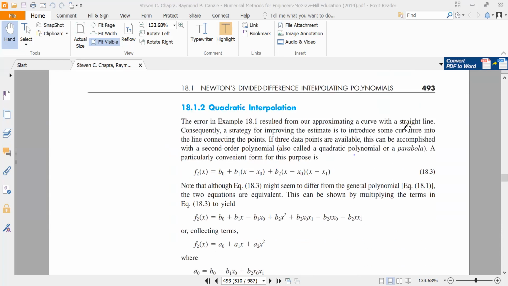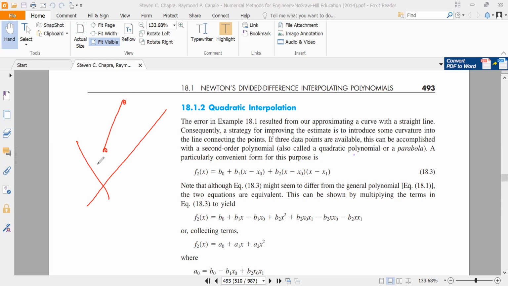Now we have another refinement. The solid curve that you have seen there, we just use this to predict.